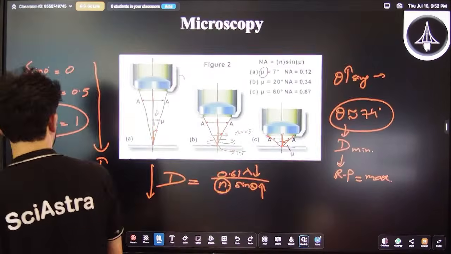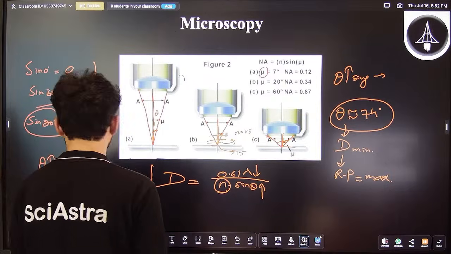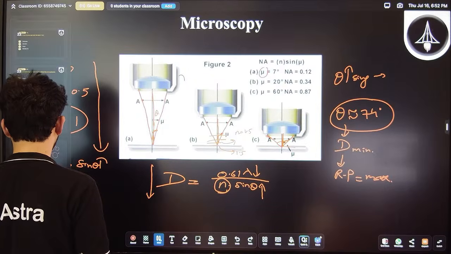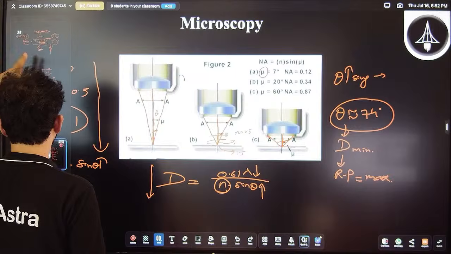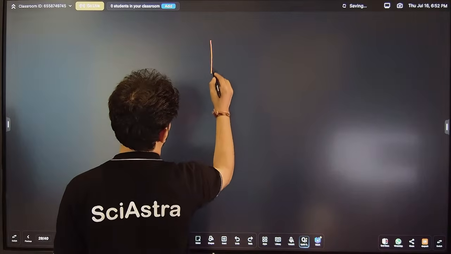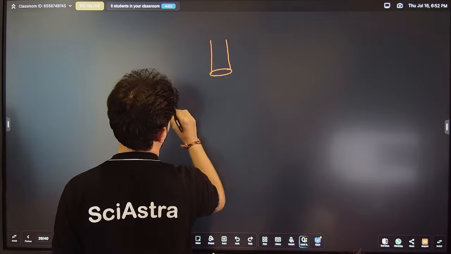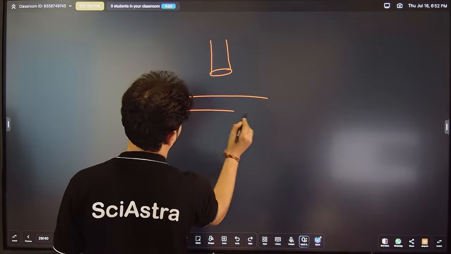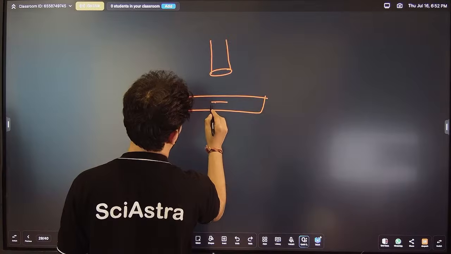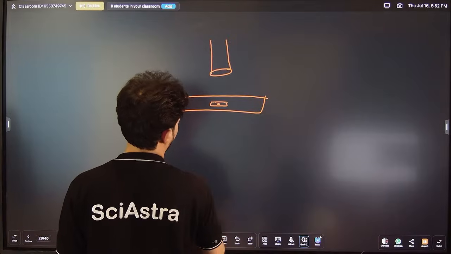Okay, so see, what happens is, let's say here you have the lens, correct? This is the stage, this is the slide, and this is the sample, right?